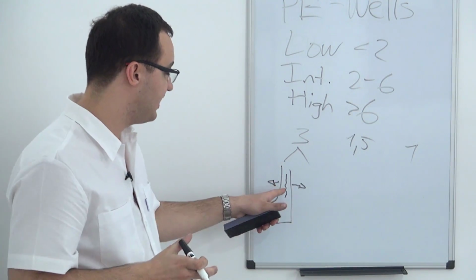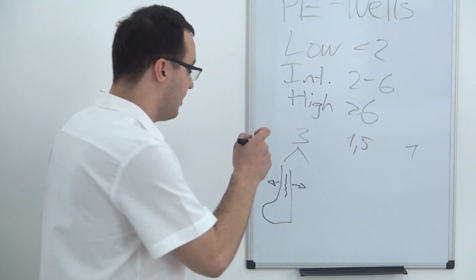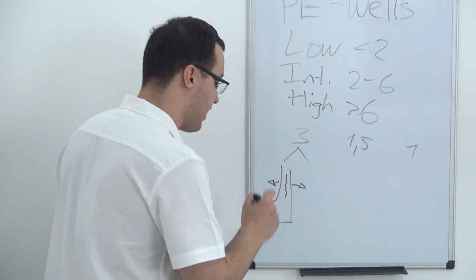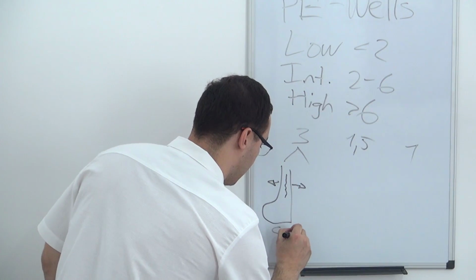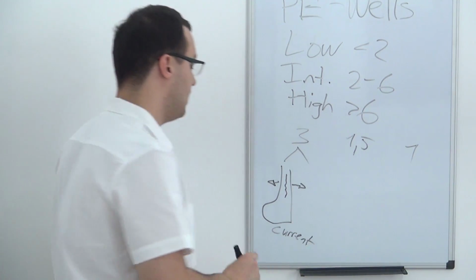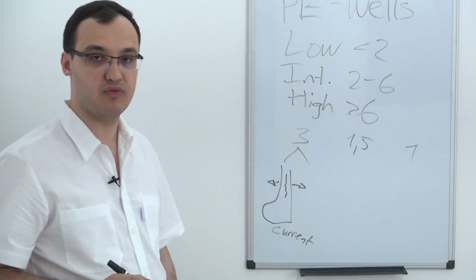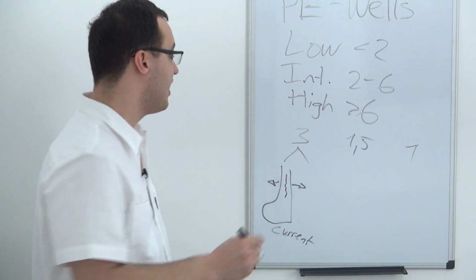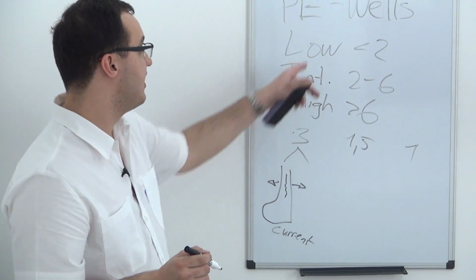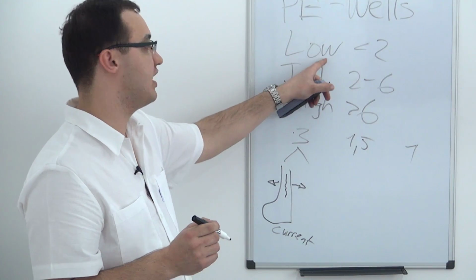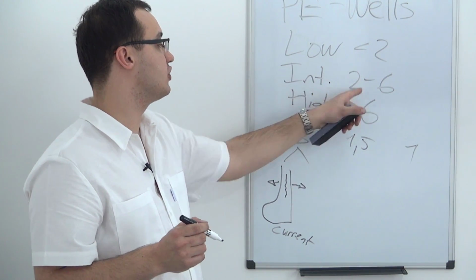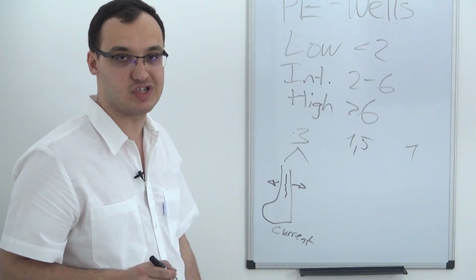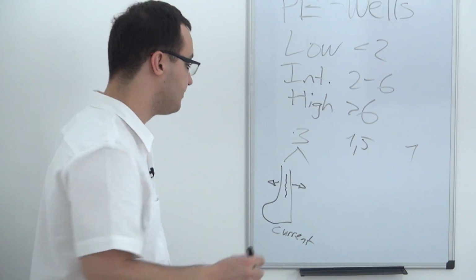So when I compress the leg, it's very painful. These patients that have current, I will write current here. If he has deep vein thrombosis at the moment, I will give him 3 points, which means that we are not in the low category anymore. We are in the intermediate because he has already 3 points, between 2 and 6.